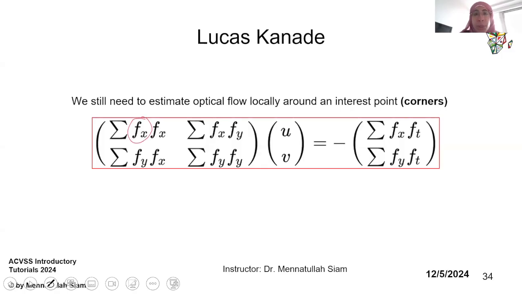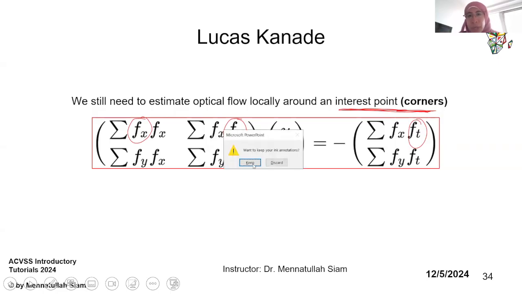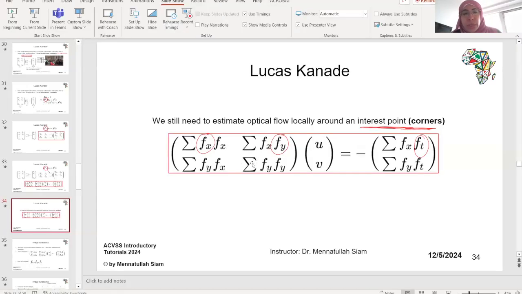So these are the image gradients we talked about, and these are the temporal gradients; we're going to go through how to compute them. I'll leave that for next time, and then we'll also see how it's better to compute them around the corners to avoid ambiguity in defining the motion. All of these are going to be discussed next time, in addition to going a bit through how optical flow is now being estimated.